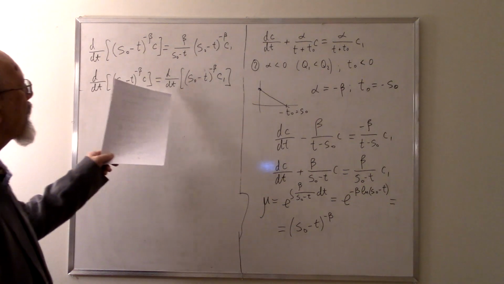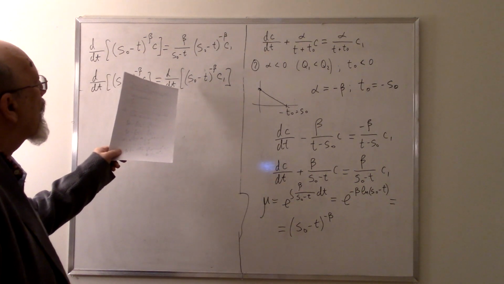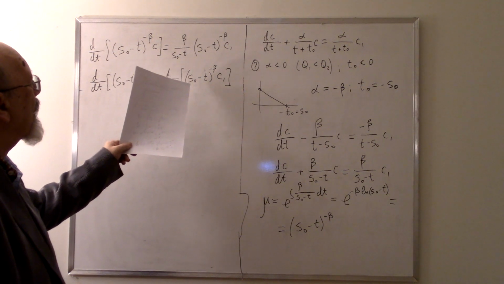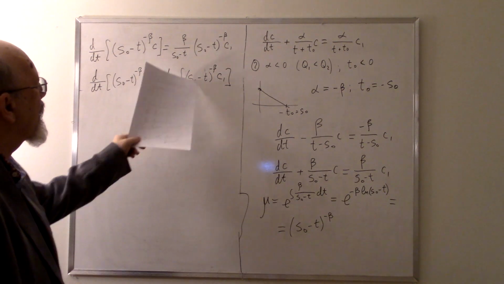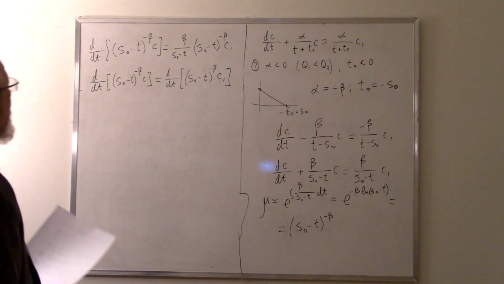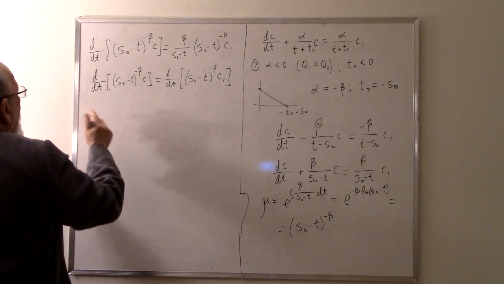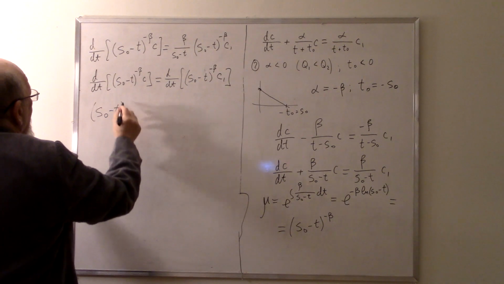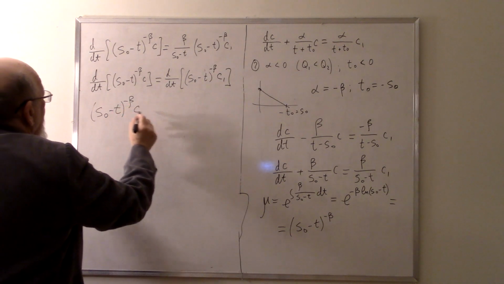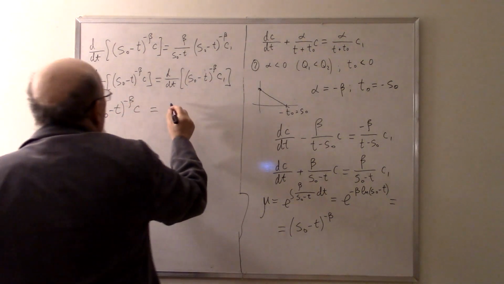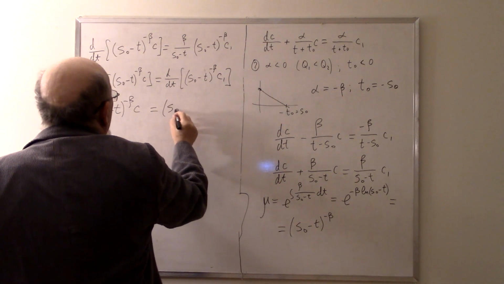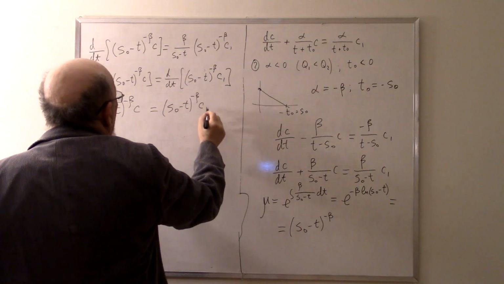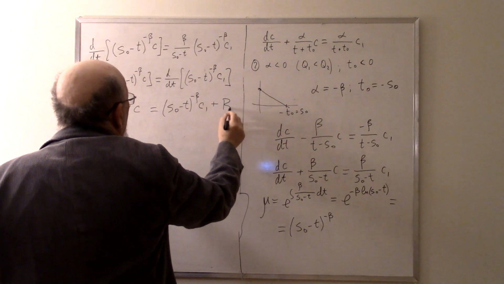So if you differentiate this, we have minus beta, and again minus from minus t, it's okay. Or S0 minus t to the power minus beta c equals S0 minus t to the power minus beta c1 plus some constant b.